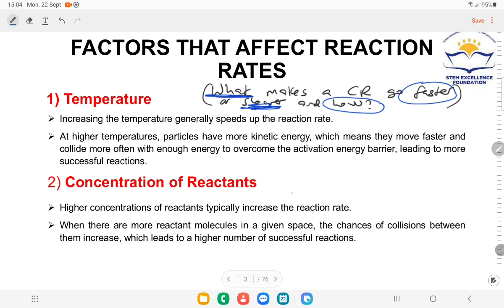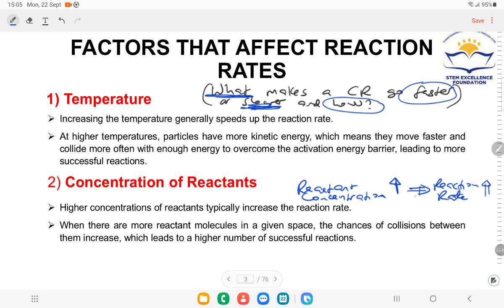Once again, the general rule here is the higher the reactant concentration, the higher the reaction rate.